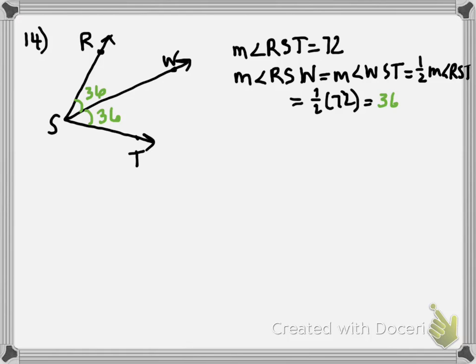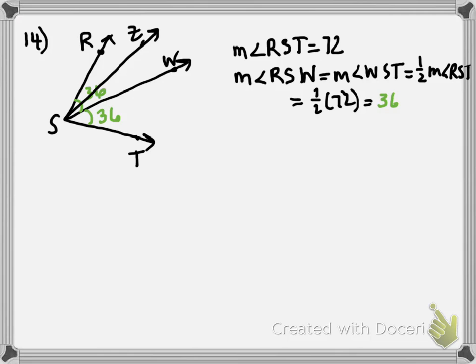Then we are told that ray SZ bisects angle RSW. Okay, so again, we'll go to a different color here.